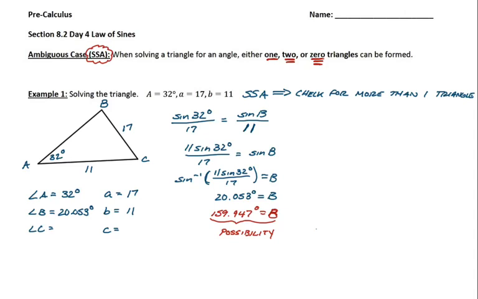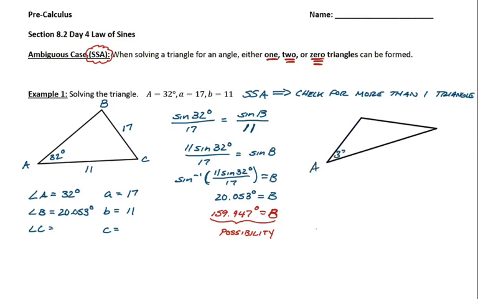If you think about where its location is, that would be in quadrant 2 on the unit circle, and that angle in quadrant 2 has the same sine value as 20.053, which is in quadrant 1. So when we have a triangle that's SSA, we have to consider more than one possibility. So I put that 159.947 could be a possibility for angle B, since they do have the same sine value.